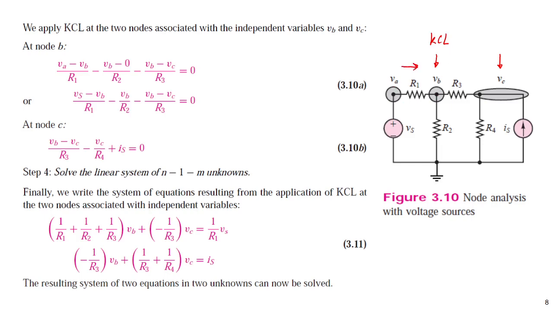The current flowing here is VA minus VB divided by R1, and the current flowing here is VB divided by R2.